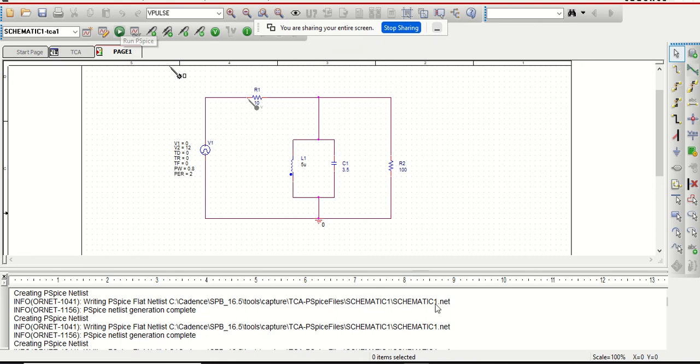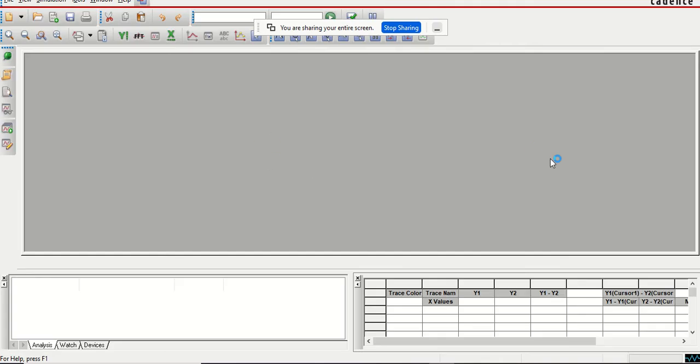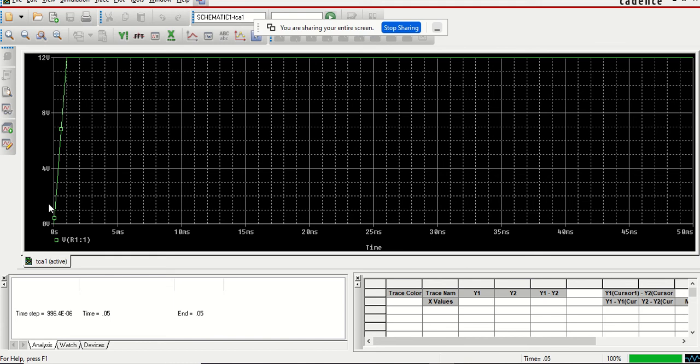So we will get the voltage drop at R1 here. The graph shows that after a few seconds the voltage will peak to 12 volt.